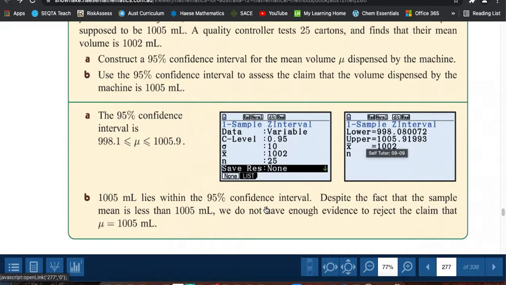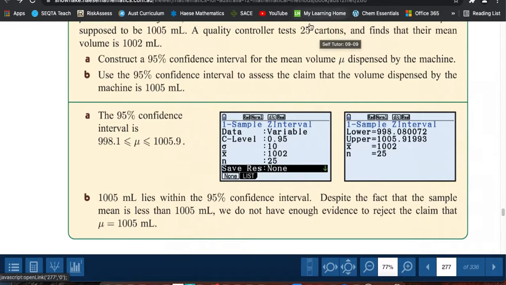So if the machine is telling us that its mean is 1005, we can't statistically discount that. It could well be. If you're a quality control officer, you might say, I'm going to do another test. But that's how they work. They work on statistics like that, and they would say, no, it's within that confidence interval, it's fine, and we walk away.